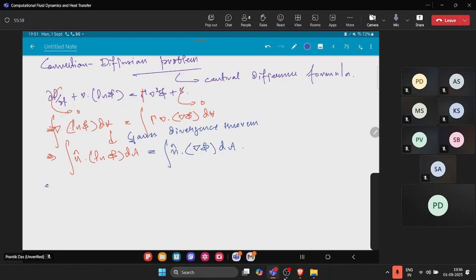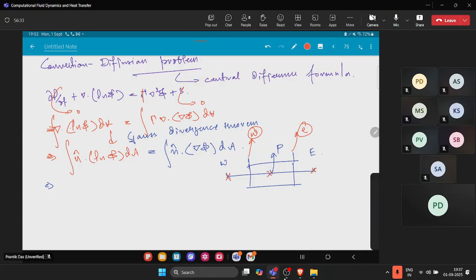So what you have to do then is that we take a sample control volume like this. This one is basically your P control volume. This one is east and the left hand side is west. So what you are doing is basically evaluating these integrals at small e and small w. Small e is the cell face between the P cell centroid and the E cell centroid, whereas small w is the cell face between the capital W and the capital P cell centroid.